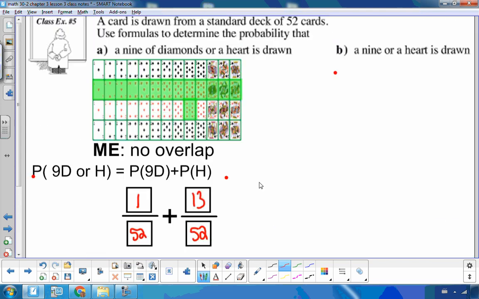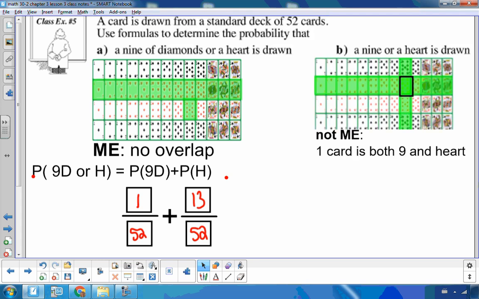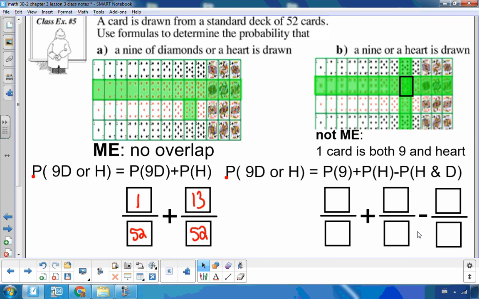Okay, next one. I'm not looking at a 9 of diamonds, I'm just looking at a 9. So I want to look at the probability that a card is a 9 or a heart. So looking at my cards, you can see there is overlap. There is one card that is both 9 and heart. So it's been counted twice. So I need to subtract the overlap.